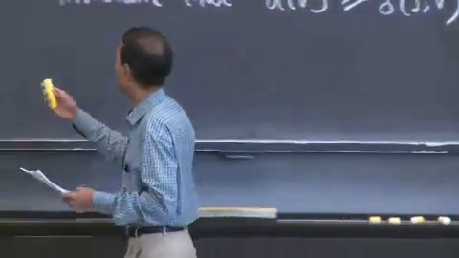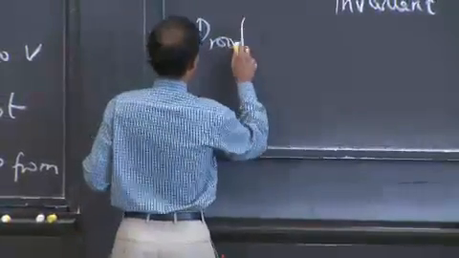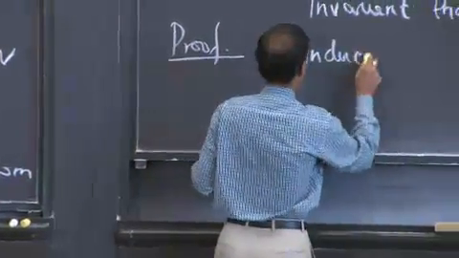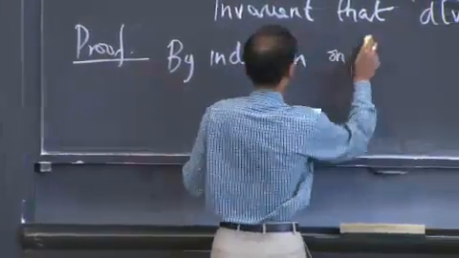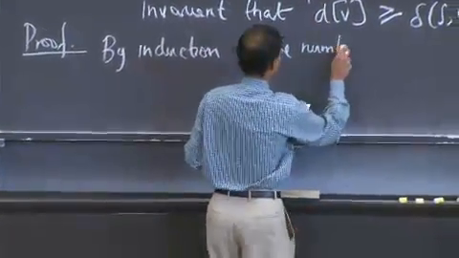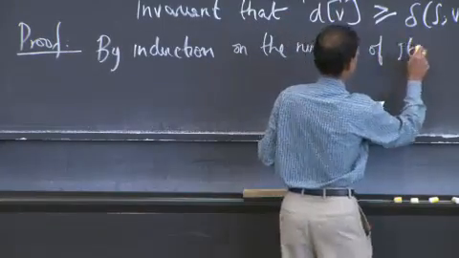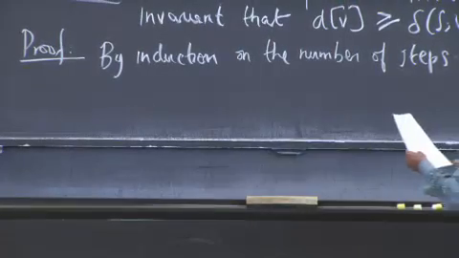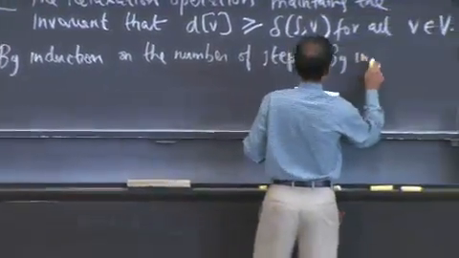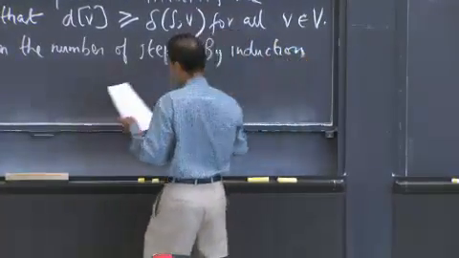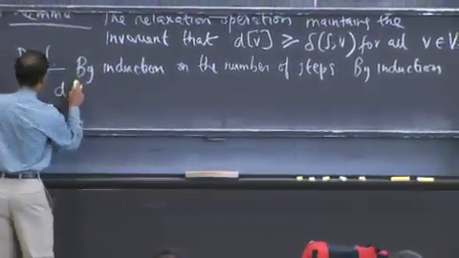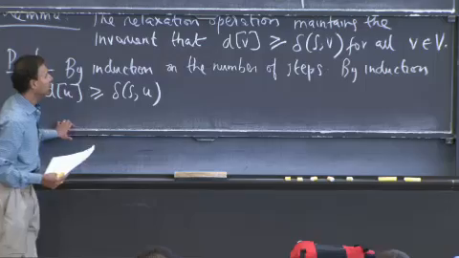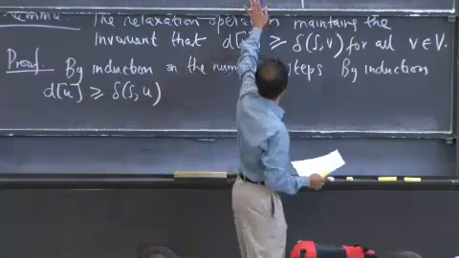So how do we prove this? I'm going to do about half of it and try and get you to finish it. So it's by induction on the number of steps, in the sense that we are going to essentially assume that d of u is greater than or equal to delta SU, and we're going to do this relaxation operation.